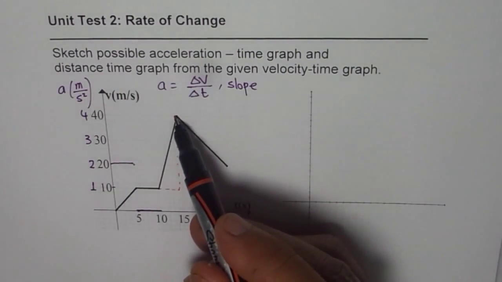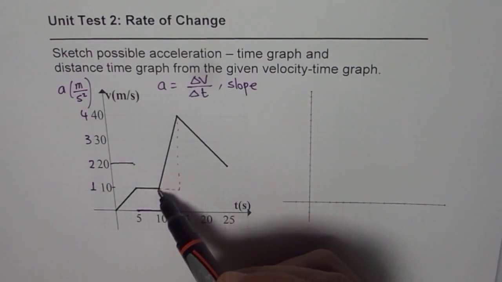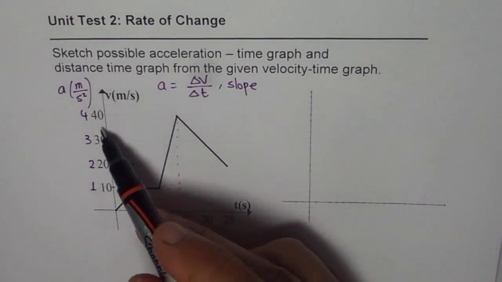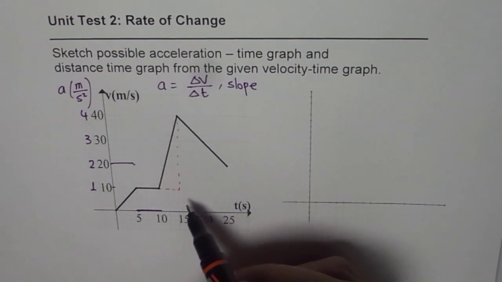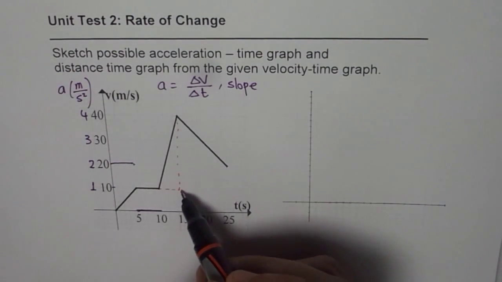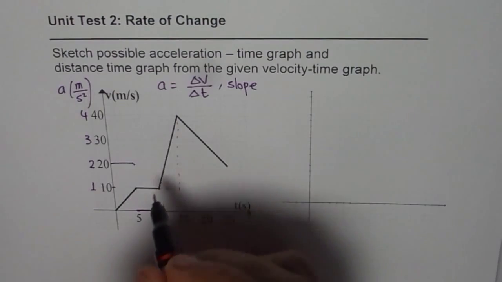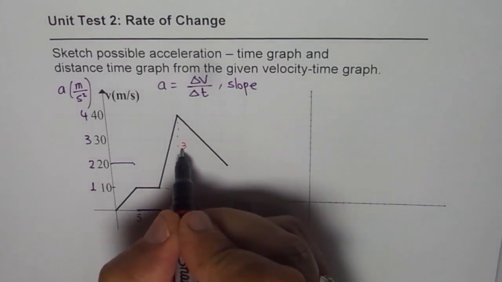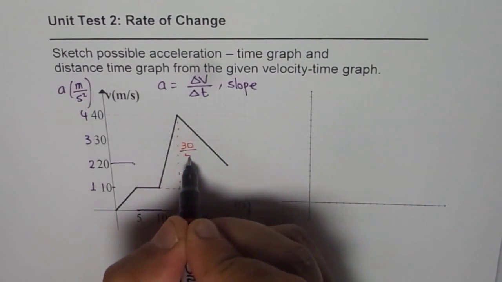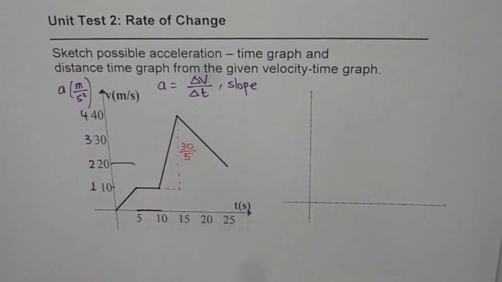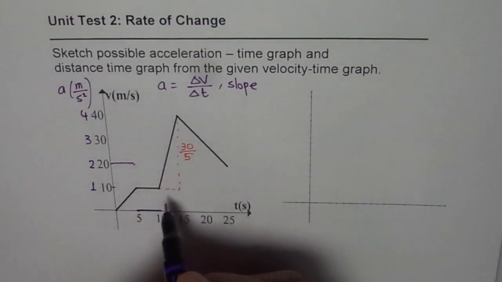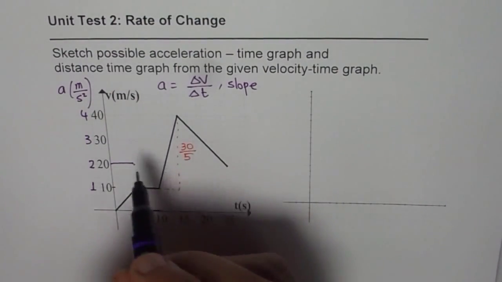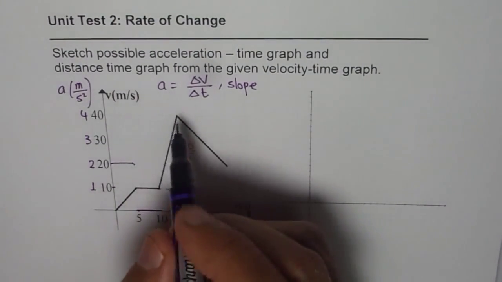The rise is 40 from 10, so it is 10, 20, 30 units. And the run is from 10 to 15, which is 5, right? So this is 30 divided by 5, and 30 divided by 5 is 6. So during this time, it is 6 units, which I didn't anticipate.